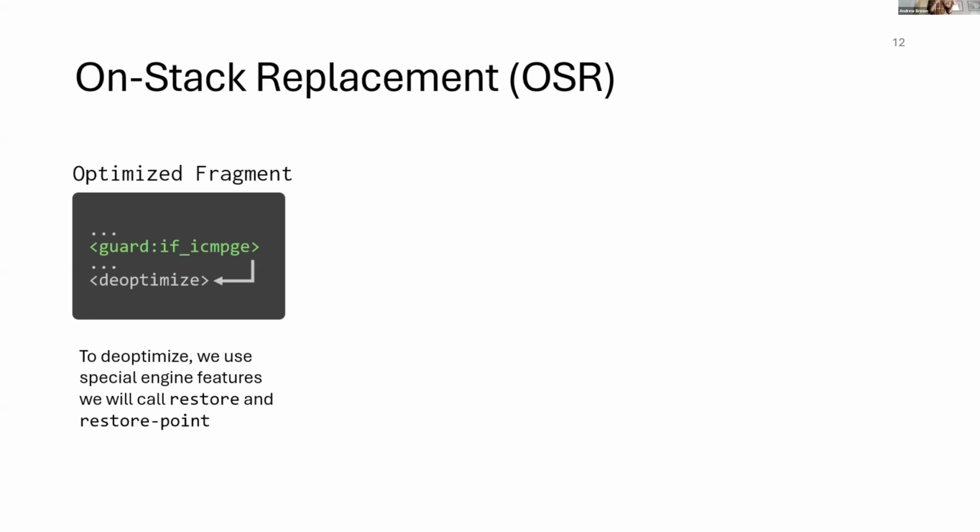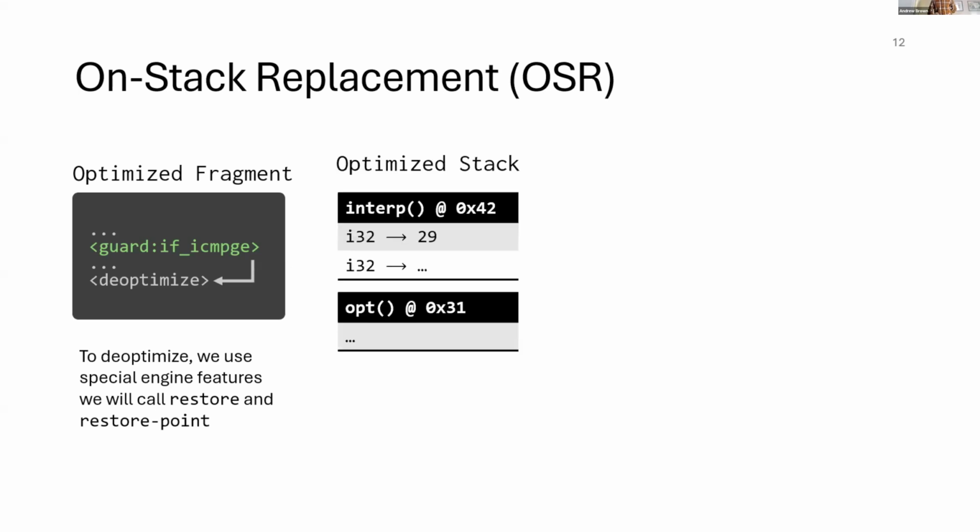So we regenerate some values and we regenerate some call frames. In our scenario, we need an engine that has two features: a restore operation that we can call from the optimized side, and a restore point on the de-optimized side to mark the places that we need to restore to. Let me try to illustrate this with some stacks.